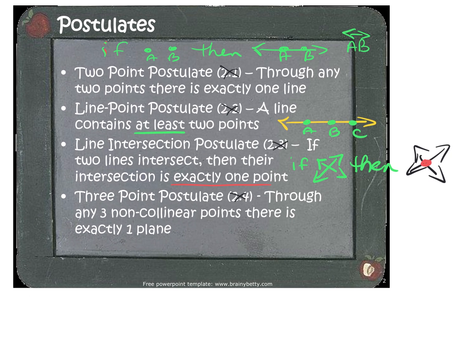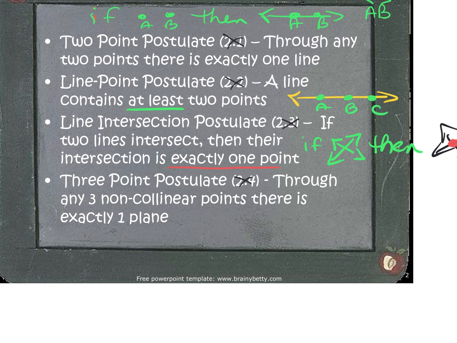And then the last one on this slide is called the 3-point postulate. And this one states that through any 3 non-collinear points, there is exactly one plane. And again, a repeat of chapter 1, where we learned how to name a plane.